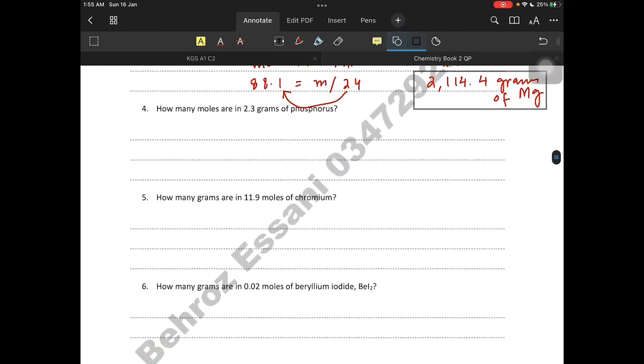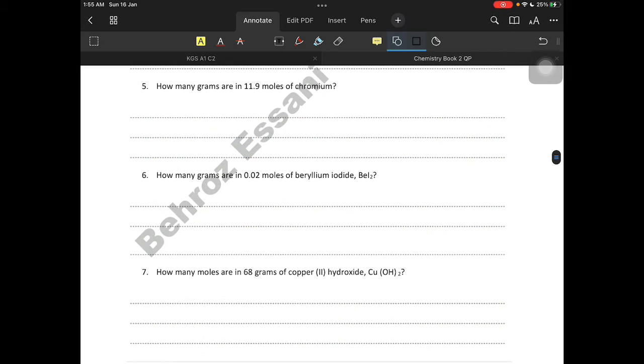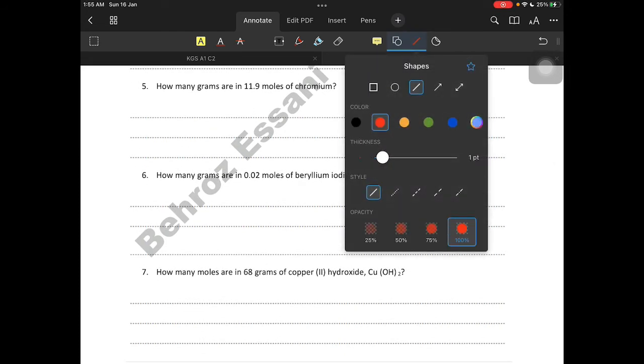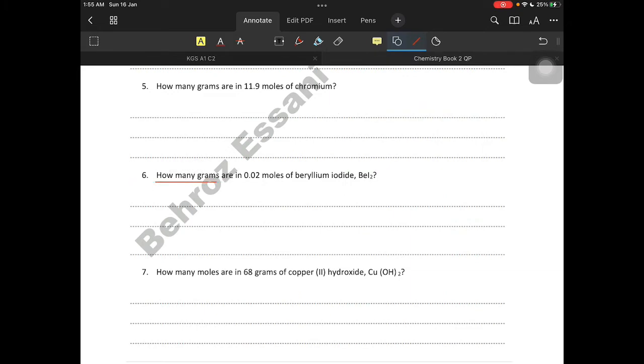Let's try question 6 perhaps. It says how many grams, so again it's asking for the mass. Mass equals question mark, in 0.02 moles of beryllium iodide. So mole equals 0.02, and beryllium iodide is a compound, so Mr equals the mass of beryllium plus the mass of 2 times iodine, because there are 2 iodines over here.